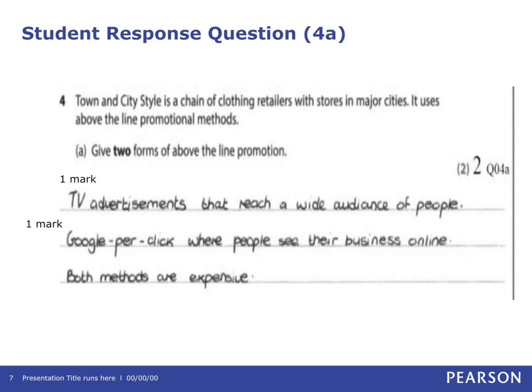This candidate scores 2 marks, as they get 1 mark for TV advertisement and 1 mark for Google pay per click. Awardable answers are television adverts, radio adverts, newspaper or magazine adverts, posters, leaflets, billboards, cinema adverts, social media.